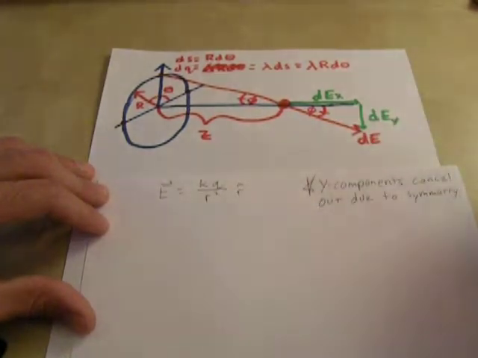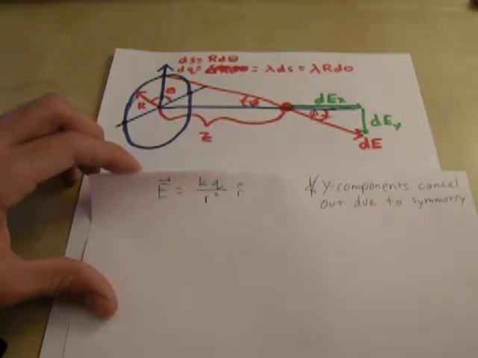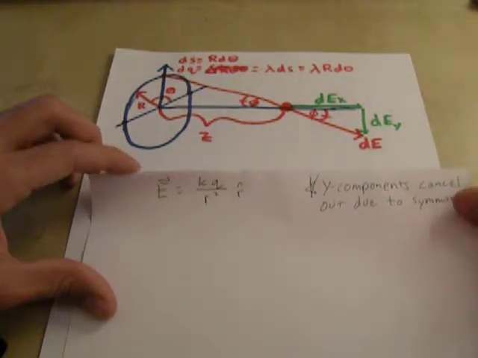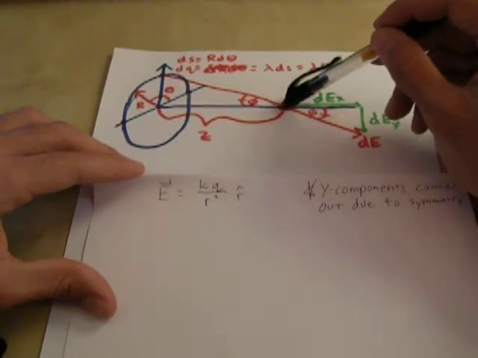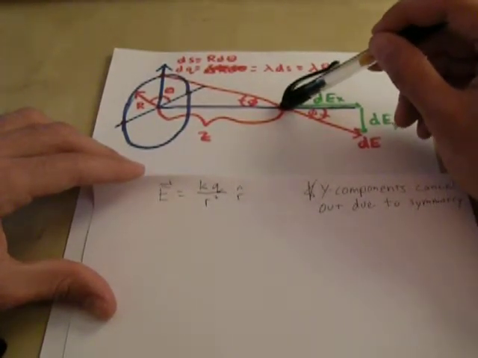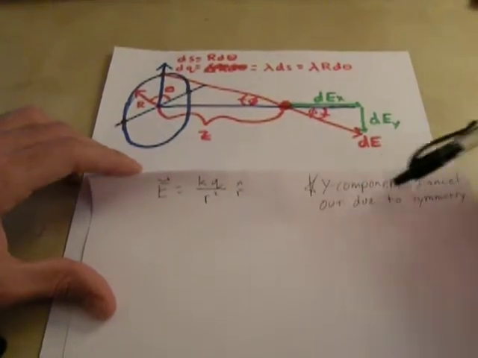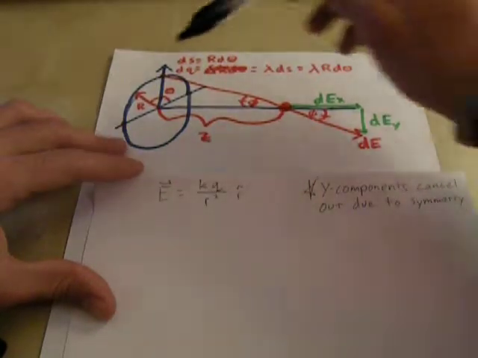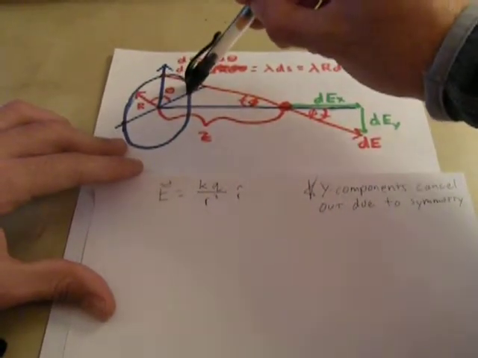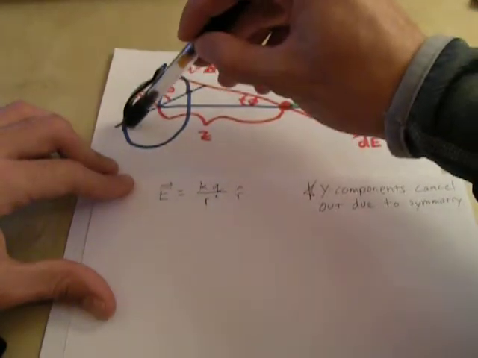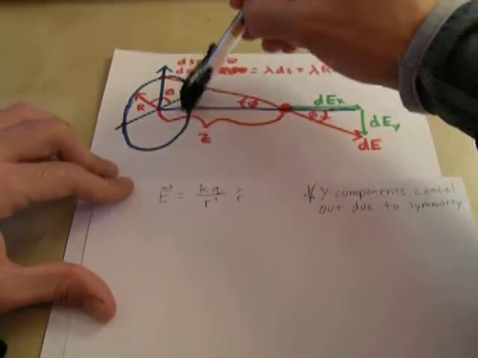That's going to make this problem much easier for us, because we don't have to worry about the y components anymore, just the x components, because the only force our observation point is feeling is going to be in the x direction, because the y components cancel out due to symmetry. All the y components from all the lines of charge up here are going to cancel out all the y components from the lines of charge here on the bottom of the circle.